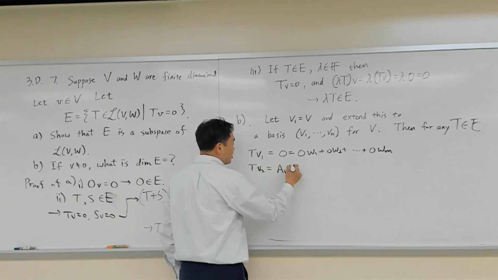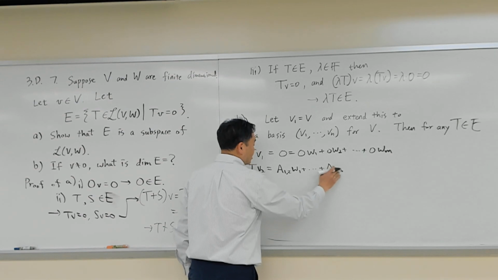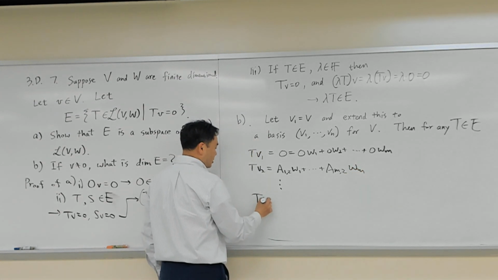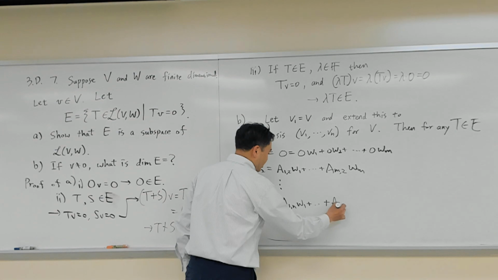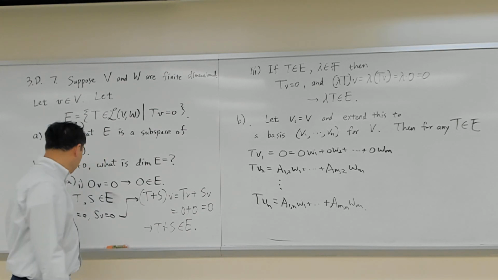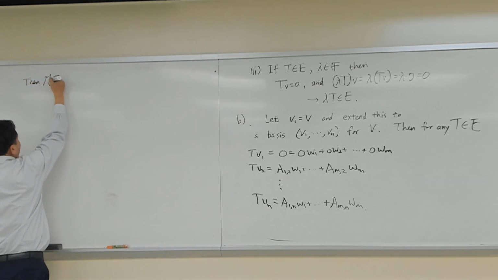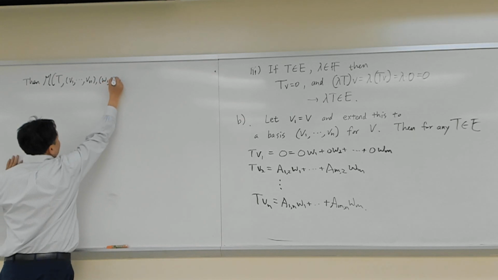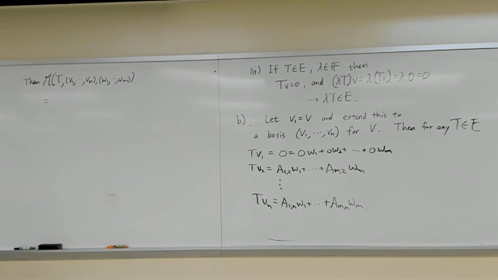So T of v2 is a12 w1 plus through a m2 wm, and so on, T of vn is a1n w1 plus through amn wm. Now the matrix of T under these two bases, what do we know about this matrix?